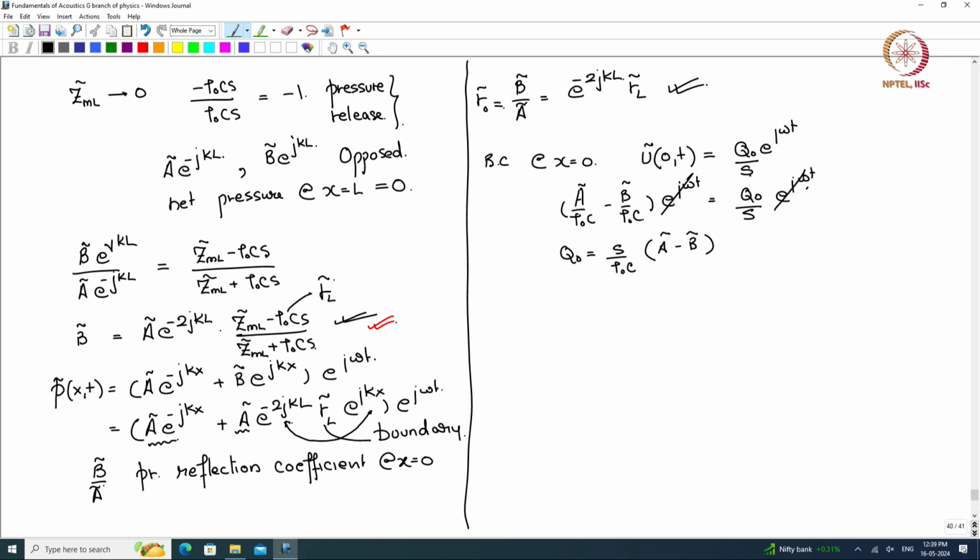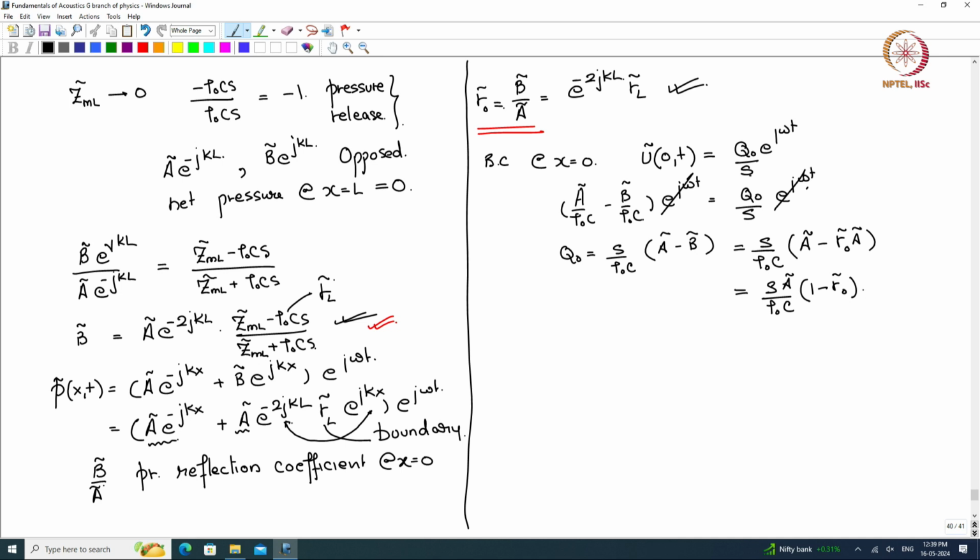Now I will use this relation over here for relating a tilde and b tilde, so that I get s over rho 0 c into a tilde minus r tilde 0 a tilde, and that is equal to s a tilde by rho 0 c into 1 minus r tilde 0.